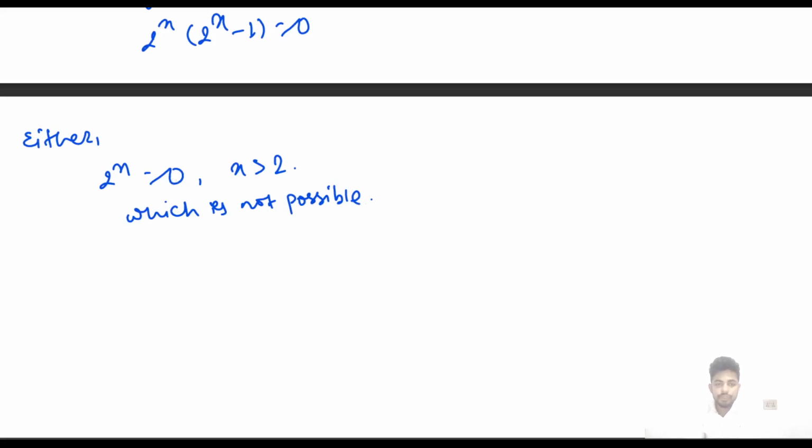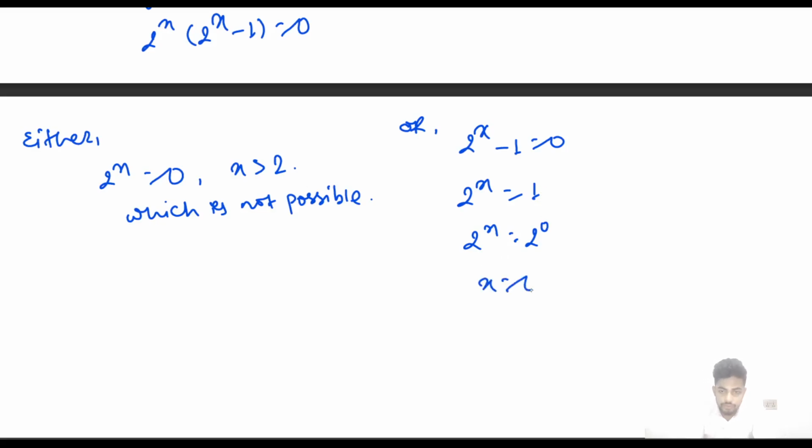On the other side, 2^x minus 1 is equal to 0, so 2^x is equal to 1. We can write 2^x as 2^0, so x is equal to 0, which is also not a value within its domain, as x is greater than 2. So this one is also rejected.